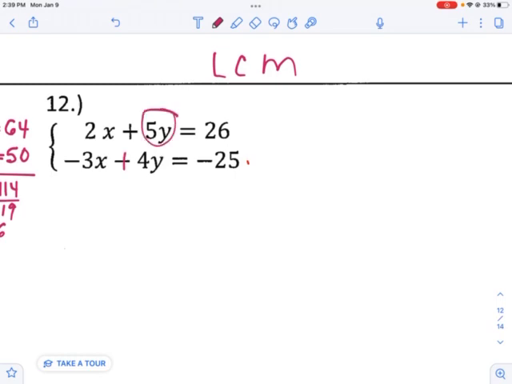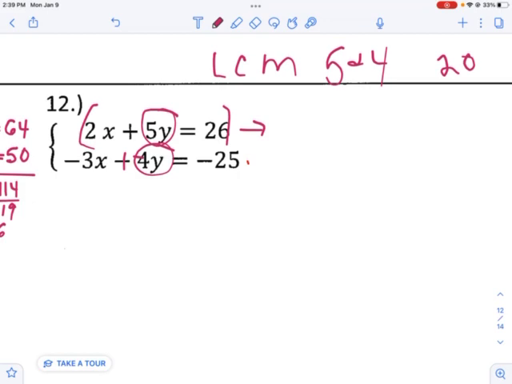Okay, since we already have one being negative and one being positive, let's just multiply the top by 4 to get 20y. So 4 times 2x is 8x. 4 times 5y is 20y. And then 4 times 26 is 104. Again, use your calculators.